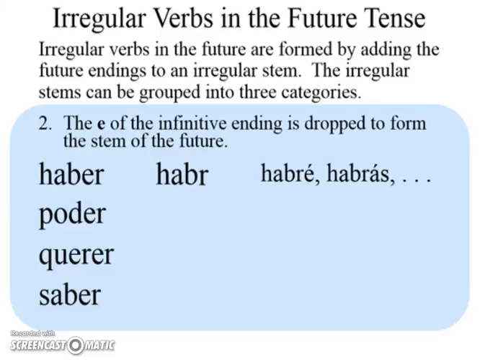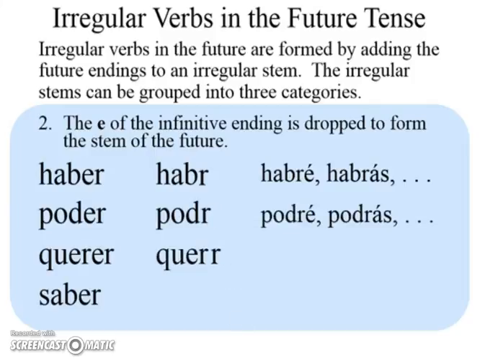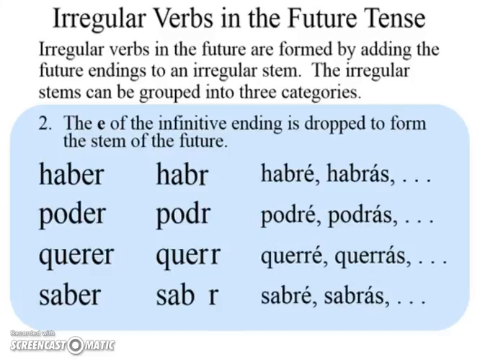Poder, to be able to, we get rid of that E and add our endings. Querer, get rid of that E, you end up with a double R there, that's all right. Querré, querrás. And saber, we get rid of our E as well, and then you add your endings, sabré, sabrás. So those four verbs, we get rid of the E.